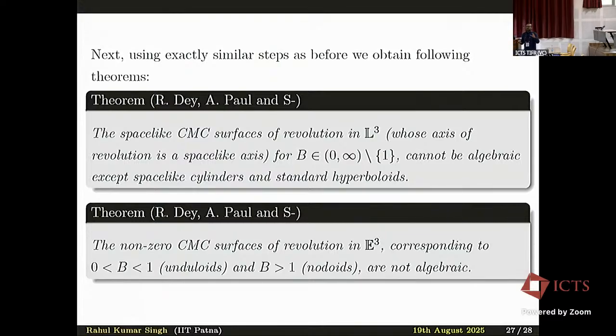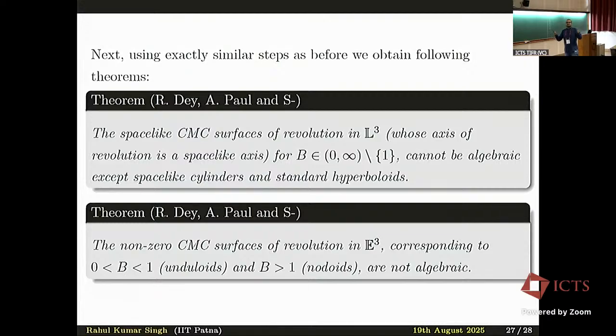So what we can show on the same line, if you're looking for non-zero CMC surfaces of revolution in E3, then these unduloids and nodoids are not algebraic. When you talk about regular algebraic surfaces in E3, spheres and cylinders are known to be algebraic.